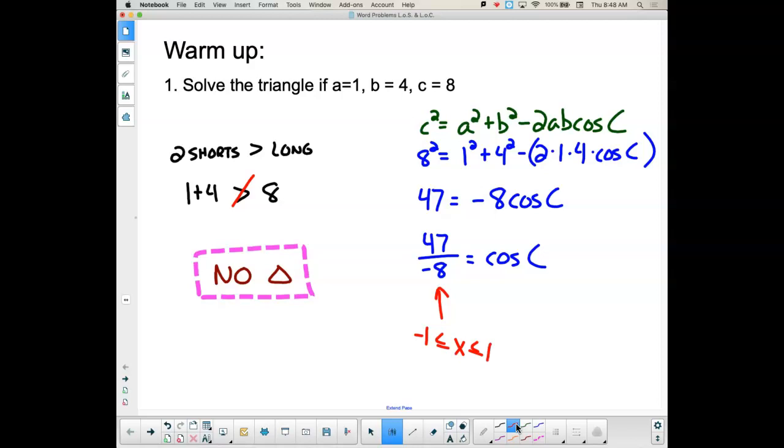If I had gone to my calculator to do inverse cosine on something that's almost 6, I would have gotten a domain error or dimension mismatch or one of those errors.